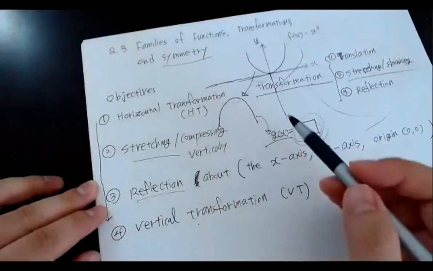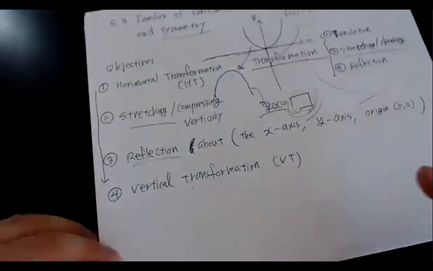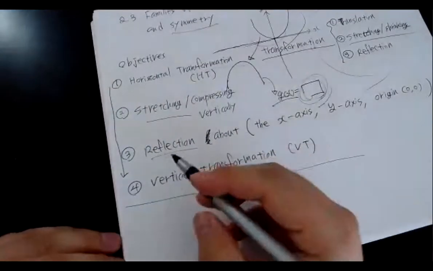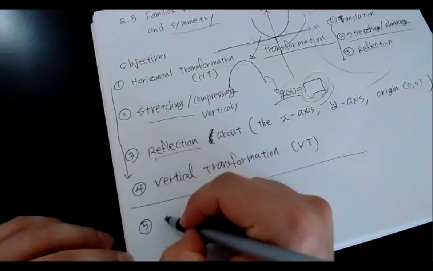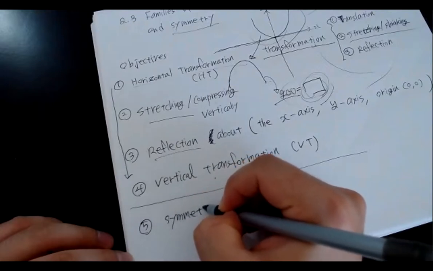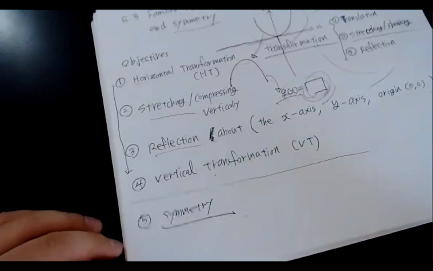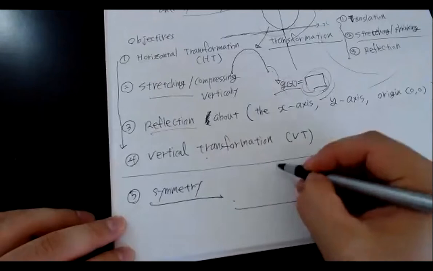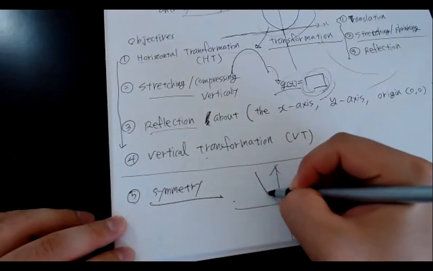Now, see that symmetry right there? We're going to study symmetry last. You know symmetry, right? An example is y equals x squared. The square function is symmetric.